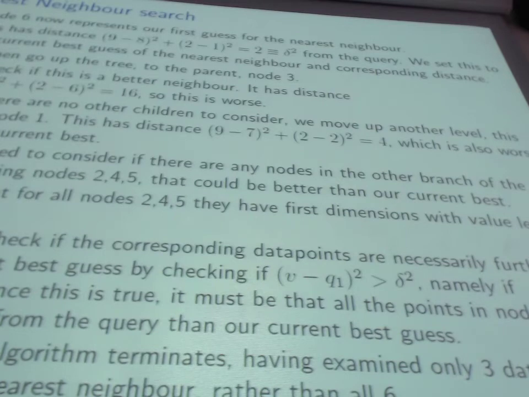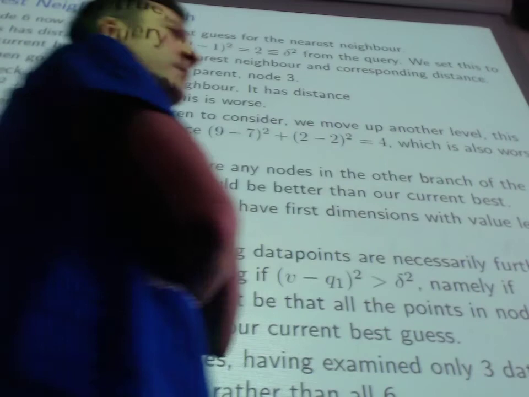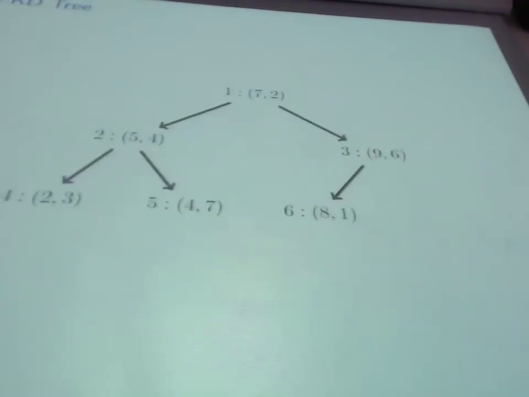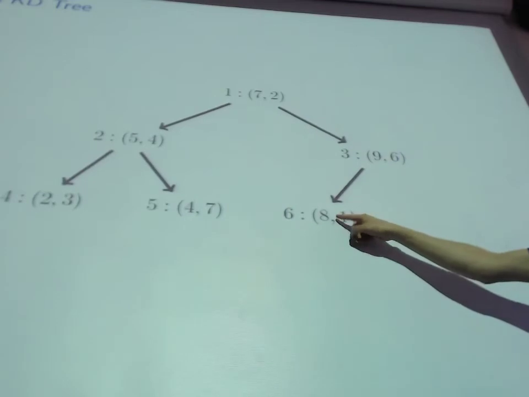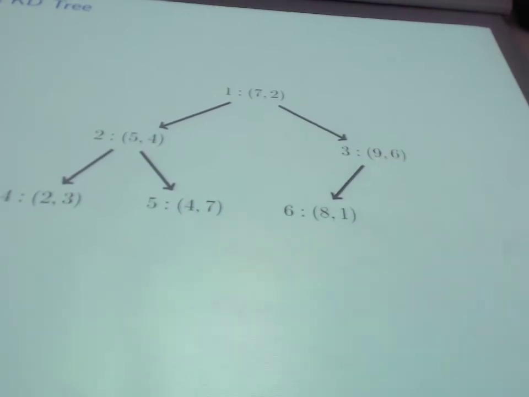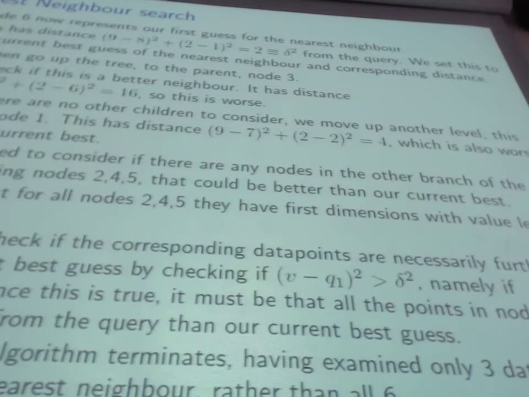Now you need to think about some other data points to consider. We go to the next data point, which you get to by going up the tree to the parent of this point. Keep the tree in front of you, but remember we were here. We're now going to go up to here, and we consider that point, calculating its distance.